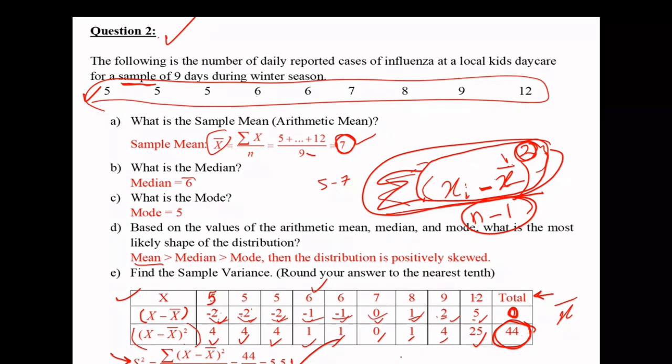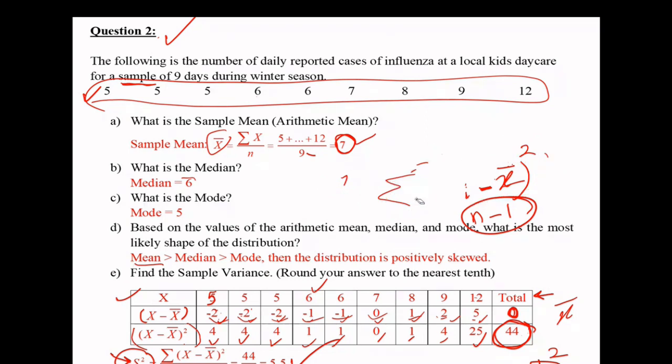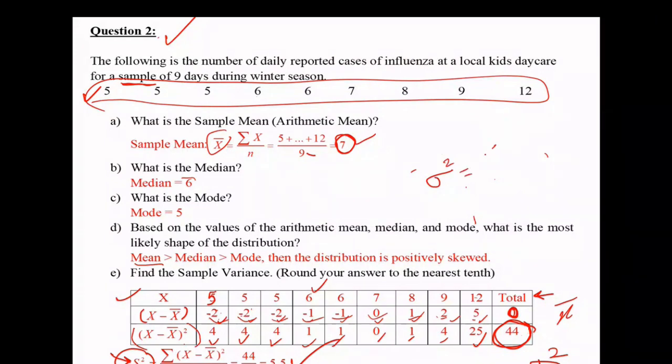For a population, we call it sigma square. It is s square because it's for a sample, just a name. If it is for a population, it is called sigma square, and it will be equal to the sum of each value minus x bar all squared, divided by n.